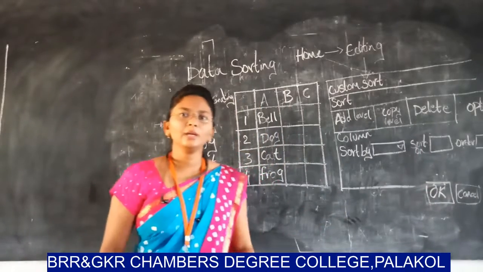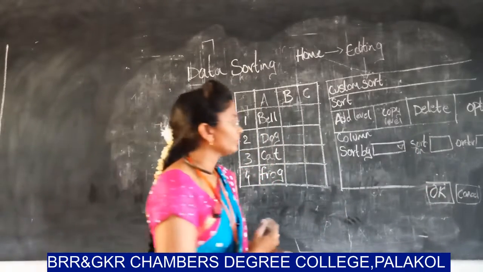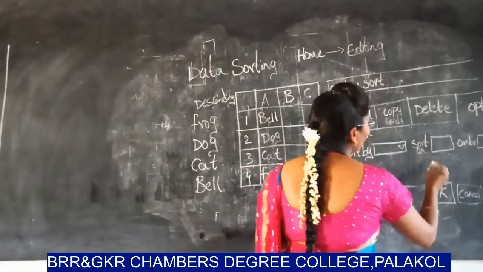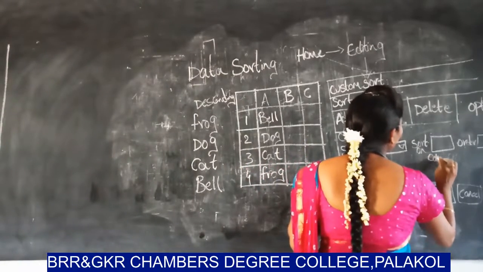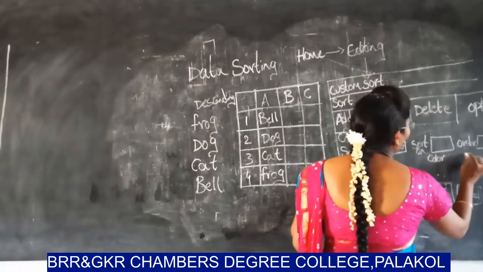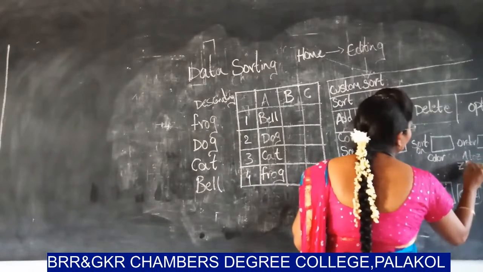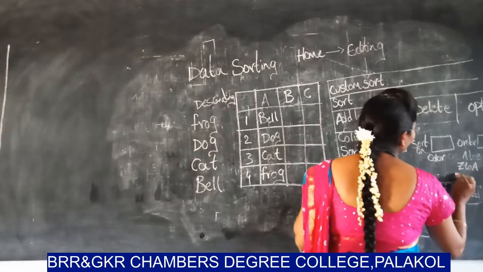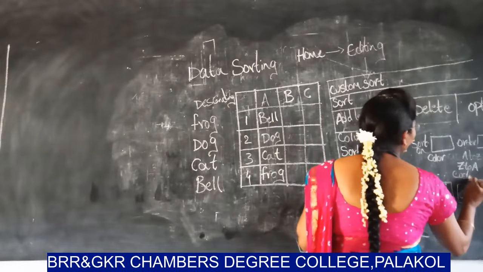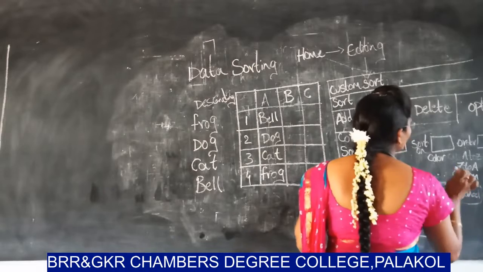And here I am taking the sort on option. Here there will be color and order like A to Z, Z to A, and custom sort.